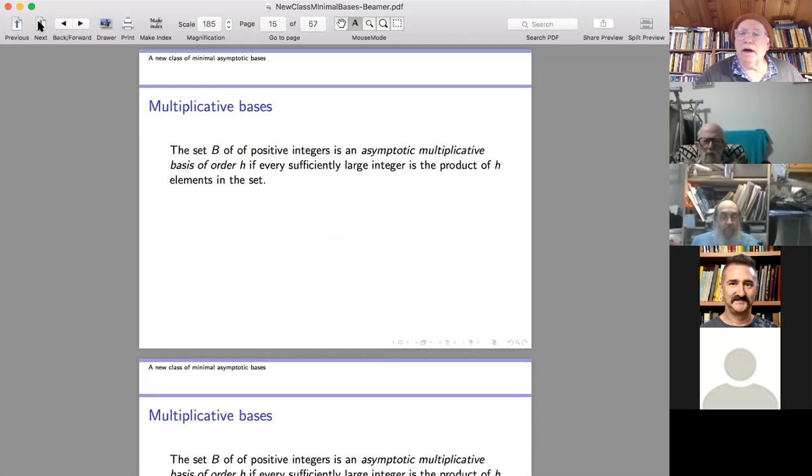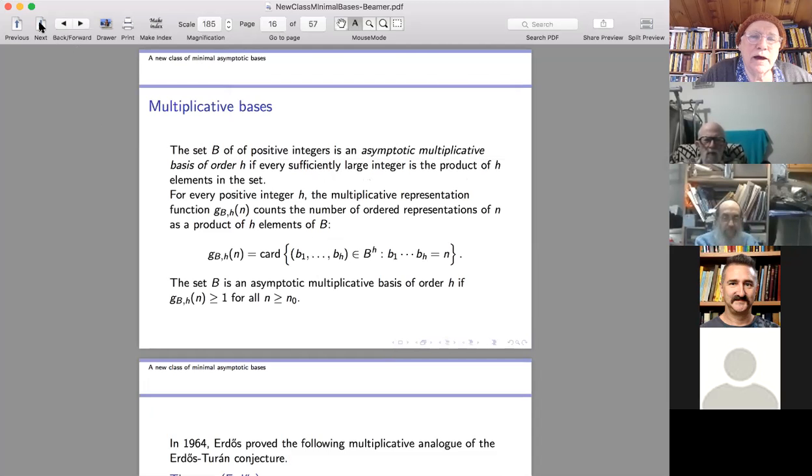Now there's a multiplicative version of this. We can say that a set of positive integers is a multiplicative basis or an asymptotic multiplicative basis. That means every sufficiently large integer is the product of h elements in the set. And we can count the number of representations of an integer as a product of h elements in the set.